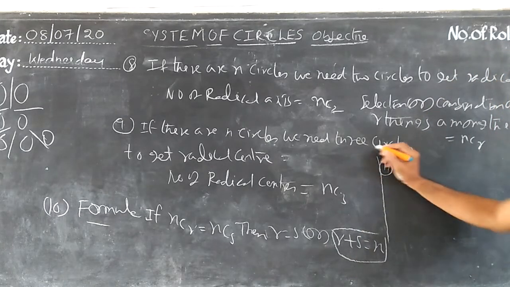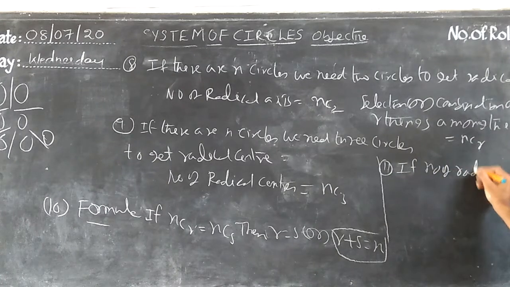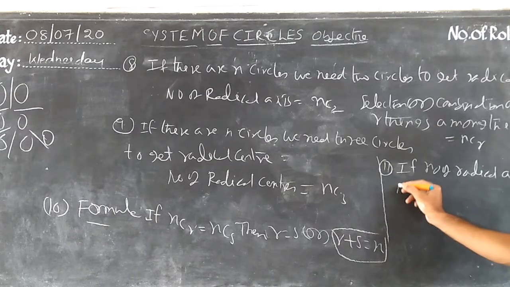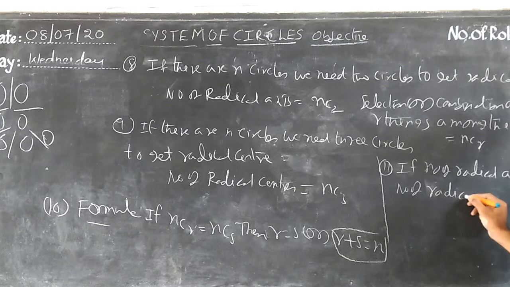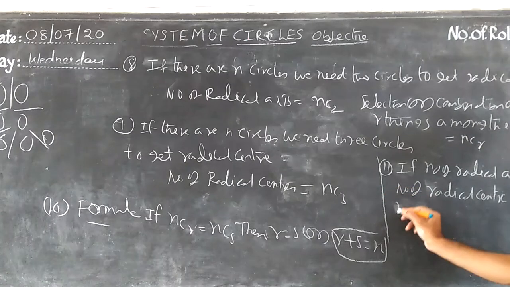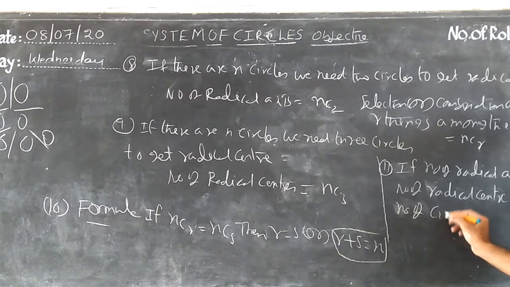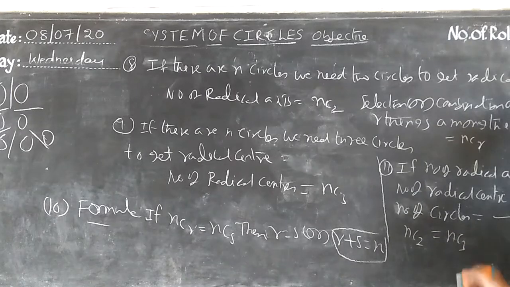If the number of radical axes is equal to the number of radical centers, then the number of circles equals dash. This is an MHT-CET based question. The number of radical axes is nC2 and the number of radical centers is nC3.